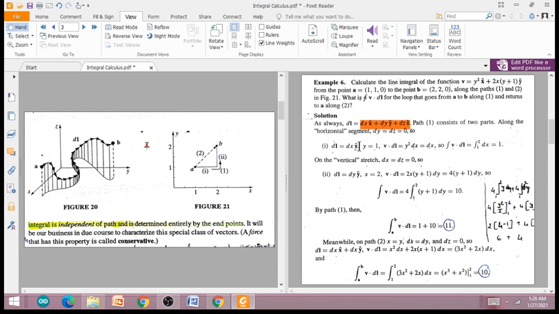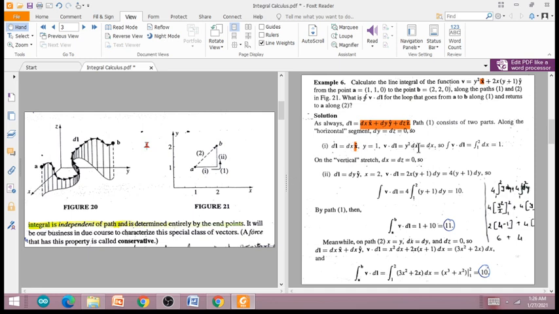So if I have a x, that is x cap, over here only the x cap will exist and the rest will not exist, because x cap and y cap are orthogonal, so their product is 0. So v dot dl will give me y square dx. Since x cap dot x cap becomes 1, y square dx.